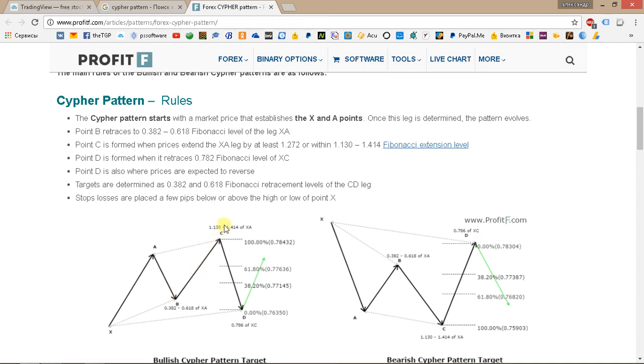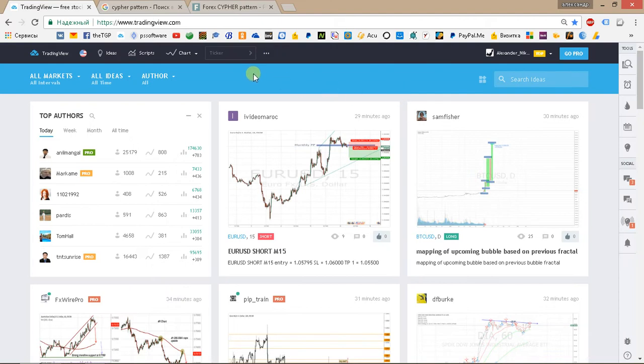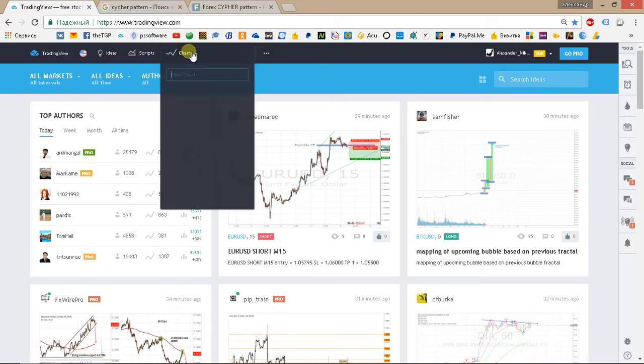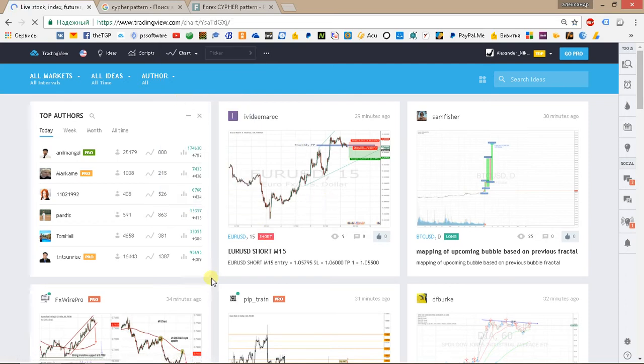And if this C point goes very high, sometimes this retracing Fibonacci goes higher, and the rule can also be violated. Okay, hope you understood that. I will draw something, draw a chart for you. Let me go to the drawing tool.